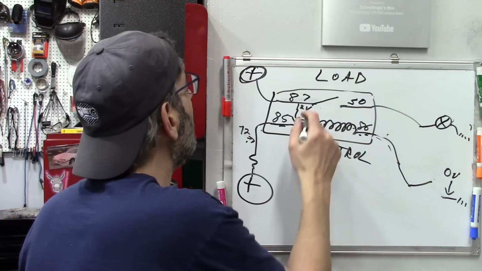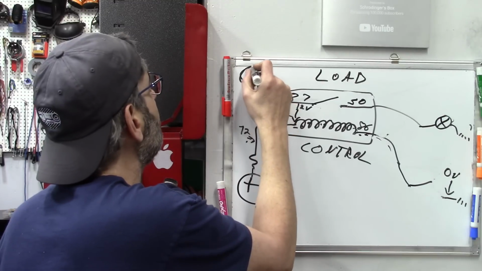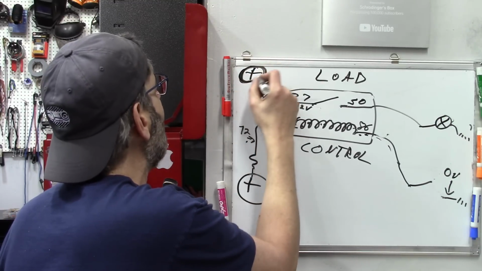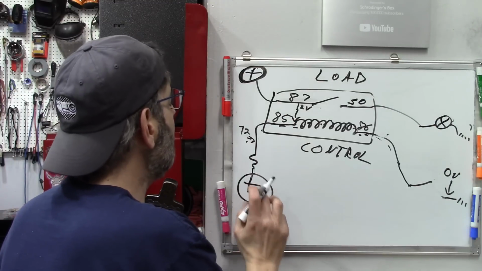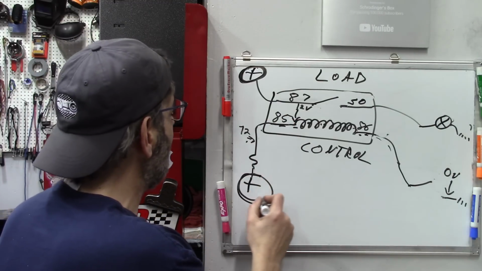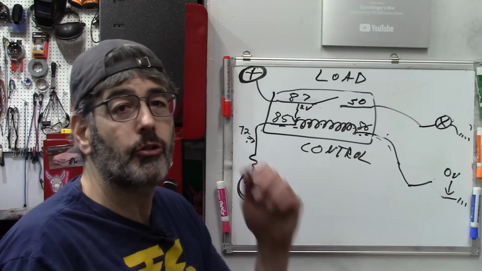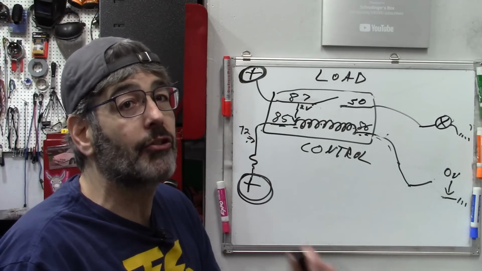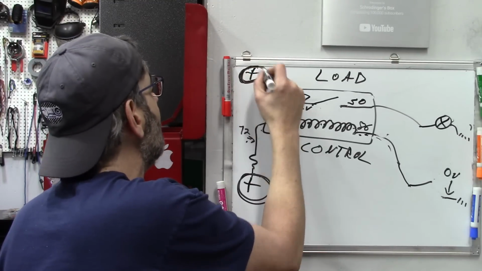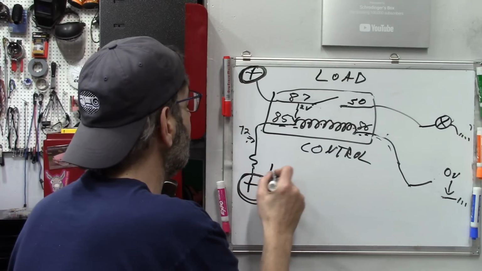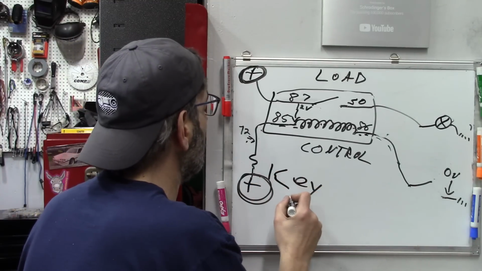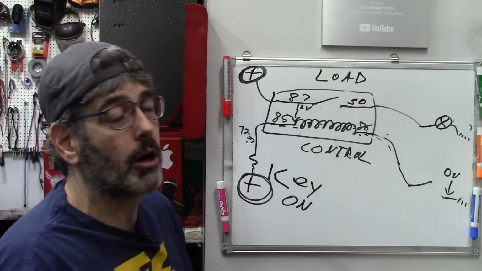Now, a lot of cars, you're going to have a full-time load side power here, but this control side power will actually be controlled only when the key is on. So you may always have power here, but this is going to be powered only on key on. Now, not all cars have that.